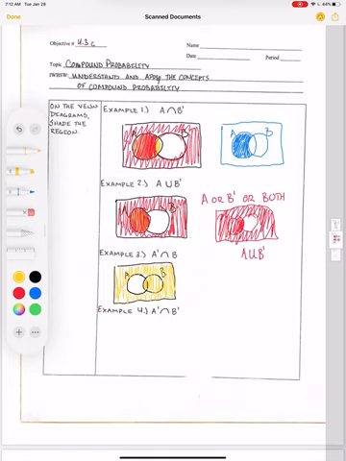And then where this intersects with B, be here. So our intersection of not A, or complement A and B, is going to be here. So that's everything that is not A, but is also B.